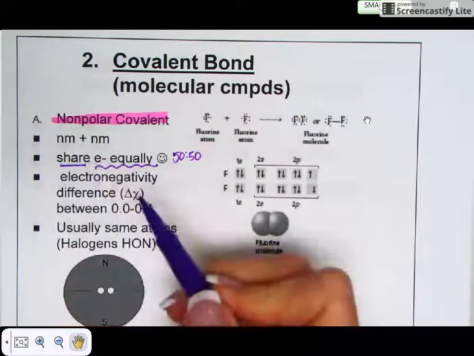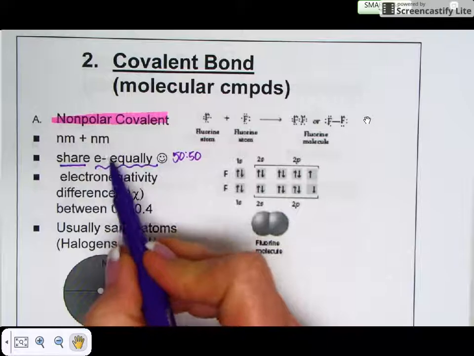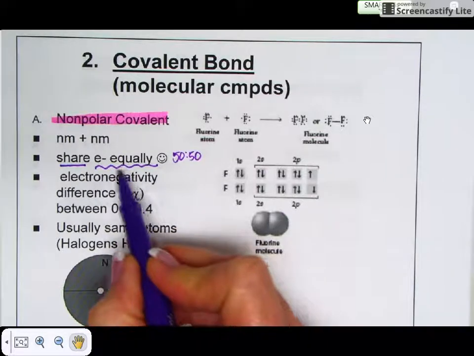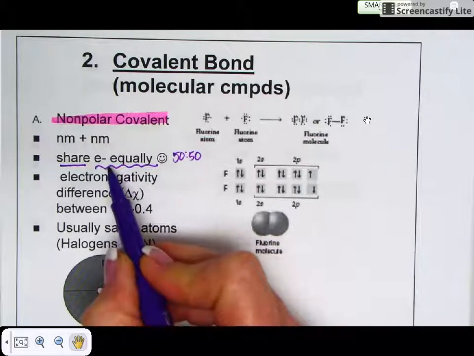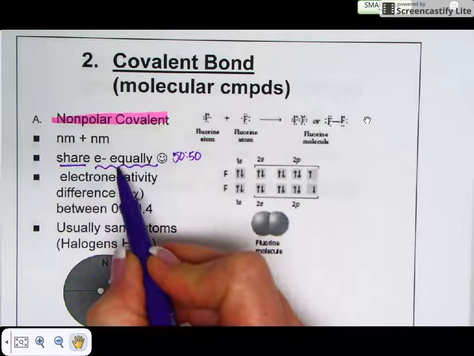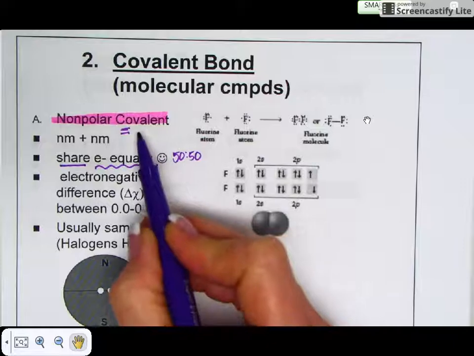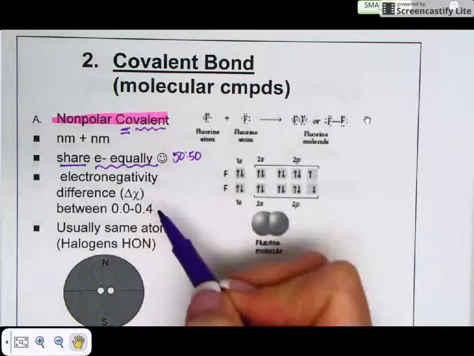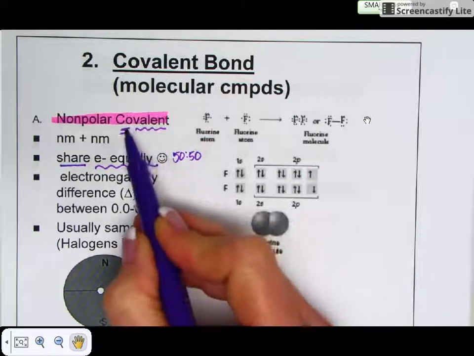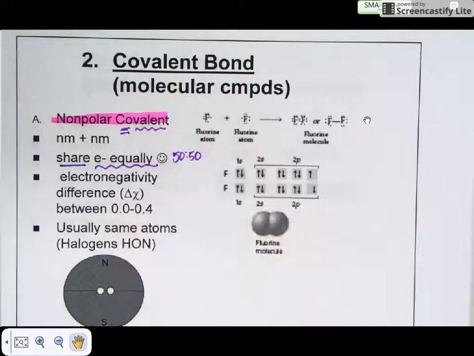You have 2 nonmetals, and basically what you have here is 2 elements with very similar electronegativities. The prefix co means they cooperate, and valent refers to their valence electrons. So they're sharing their valence electrons.